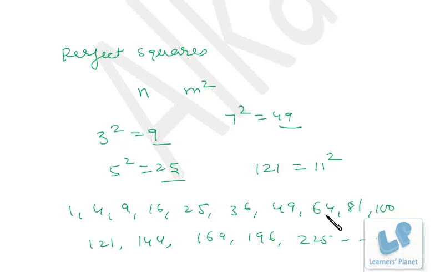Similarly, the square root of 64 is 8, a natural number. That means 64 is a perfect square. This way you can check whether the given number is a perfect square or not. As 169, the square root of 169 is 13, a natural number. That means 169 is a perfect square.